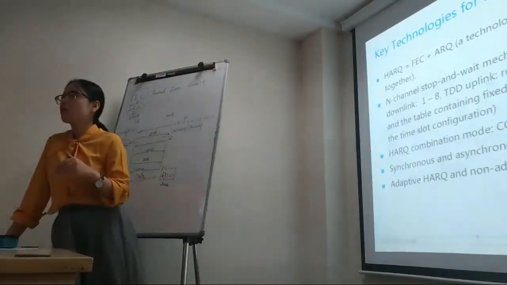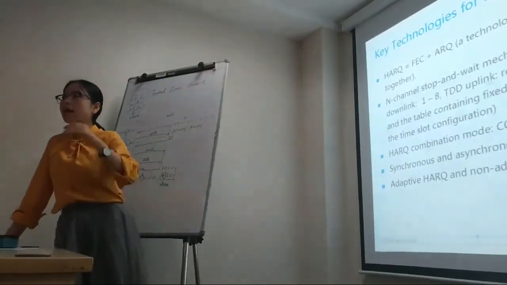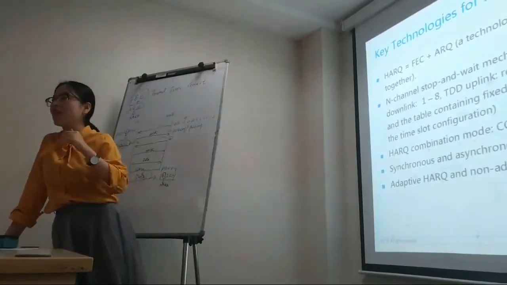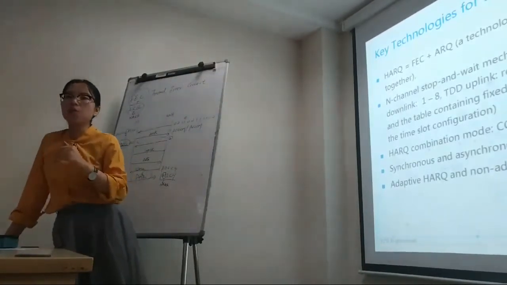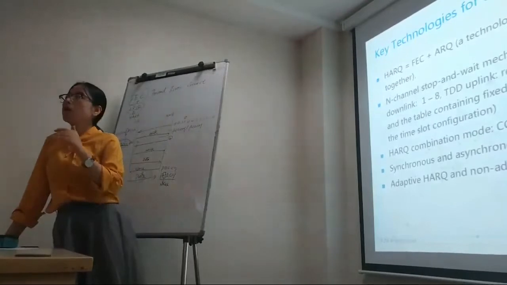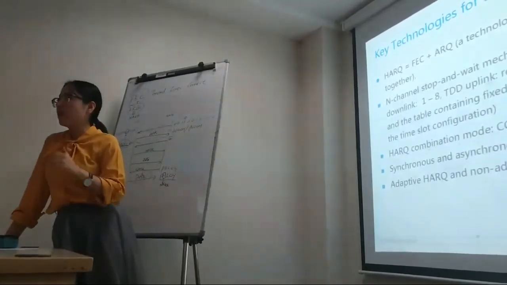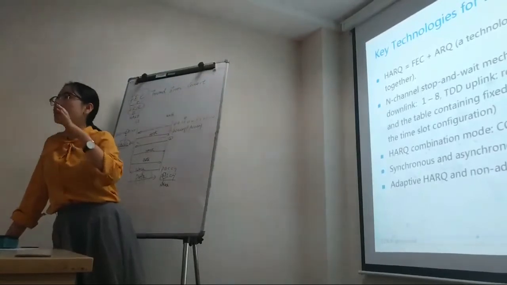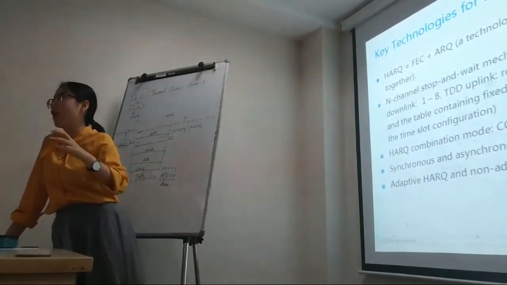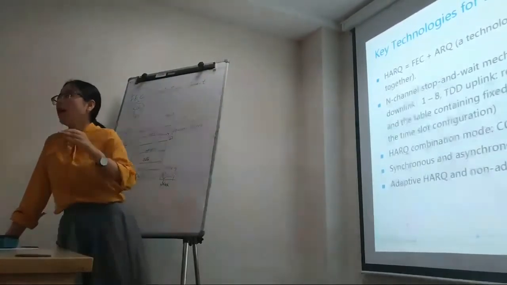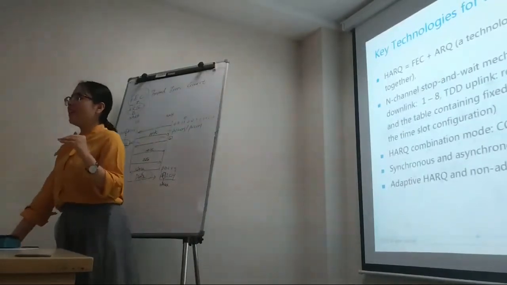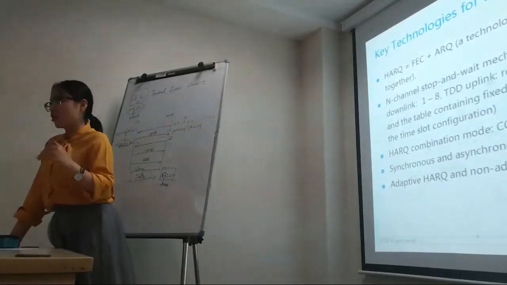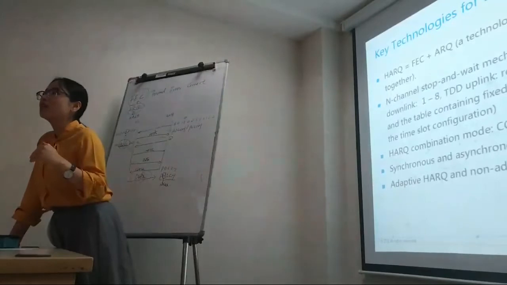If I change the MCS, the TB size will be changed, so the resource I need is changed. So maybe the RB location and the MCS, all of them are changed. So if it changed, we need to use PDCCH to notify it.